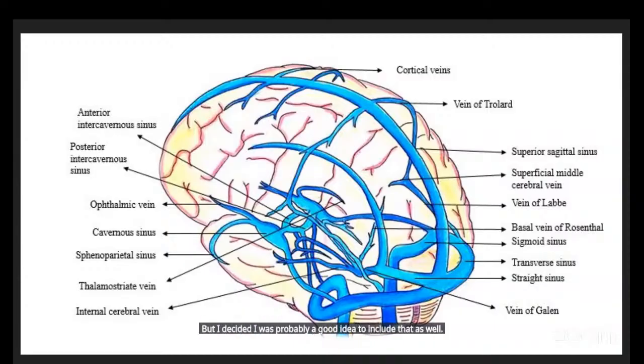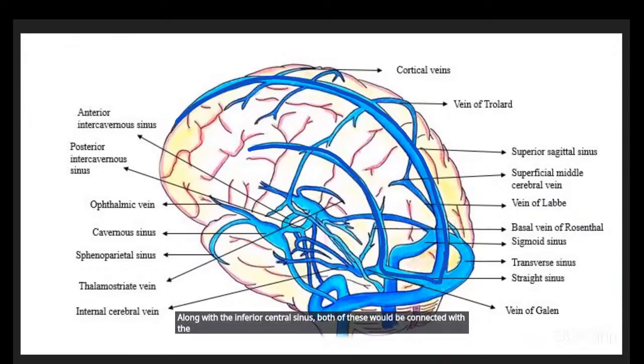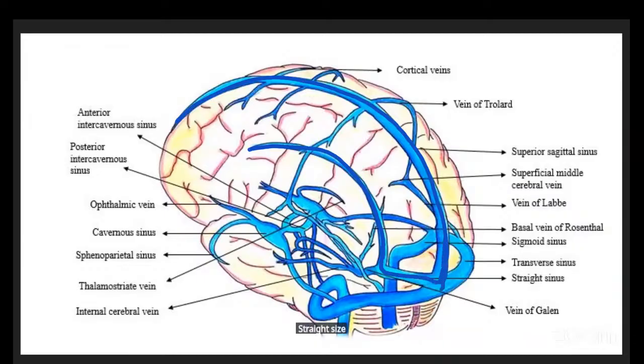You see the superior sagittal sinus here, and you also see the inferior sagittal sinus here. Along with the inferior sagittal sinus, both of these would be connected with the straight sinus. And all of this is ending into the confluence of sinuses or torcula. Then these are the transverse sinuses. What is important here is, let me change the color.